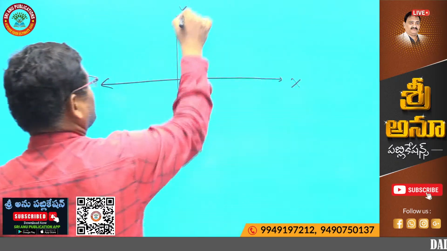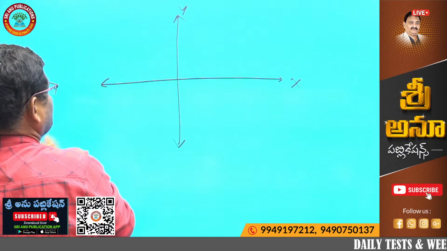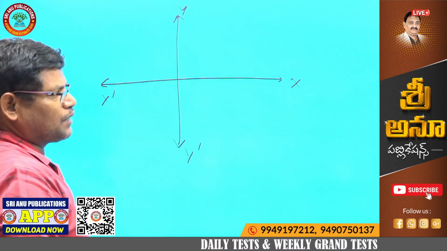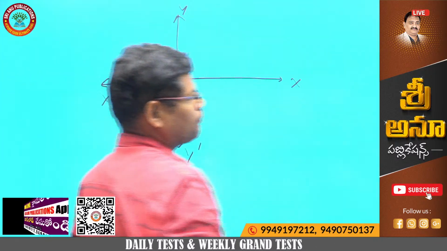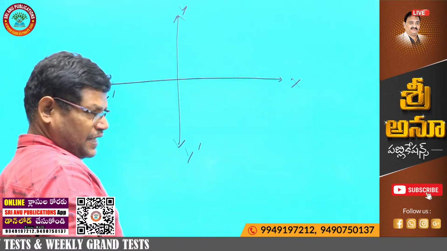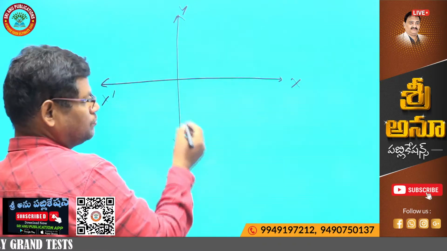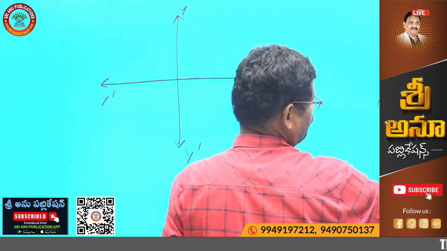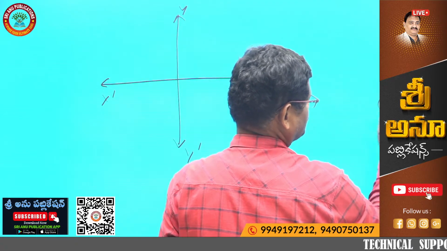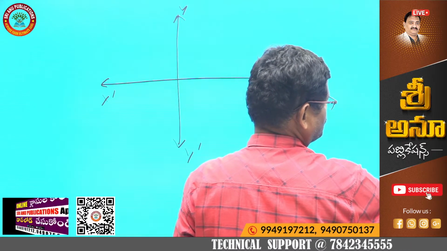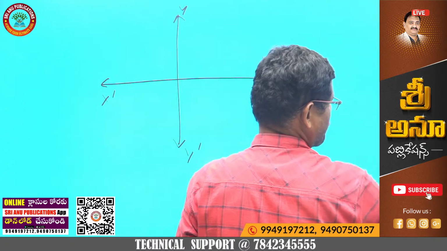We have the x-axis, y-axis, and here the negative x-axis and negative y-axis. Now we can take the points 3 units, 4 units: 0 comma 3, 4 comma 0, here 3 comma 0 and 0 comma 4.